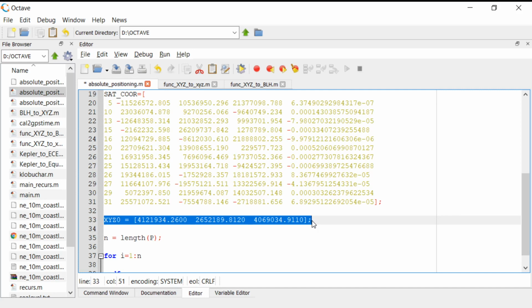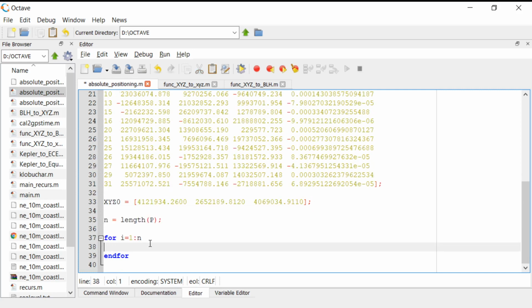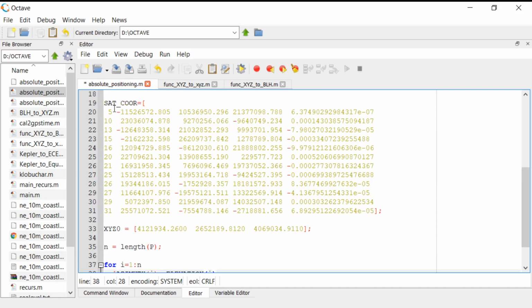Now let's apply the azimuth. I want to get the azimuth and the elevation of the ith satellite. So i is equal to 1, which means I will loop over the sat core here.